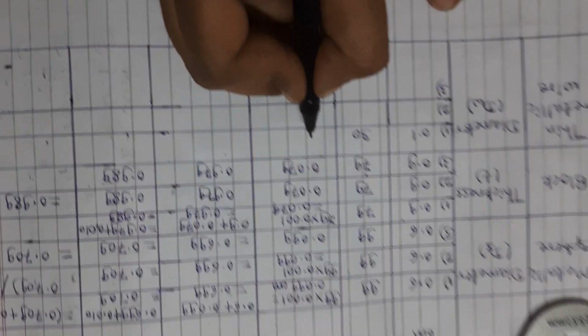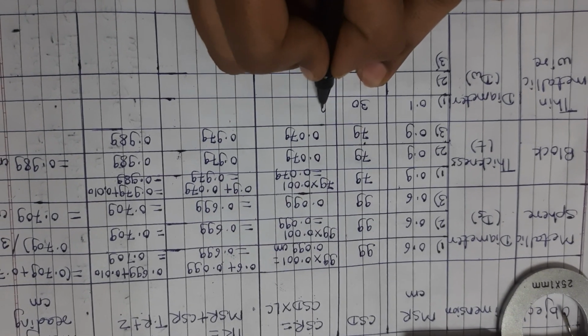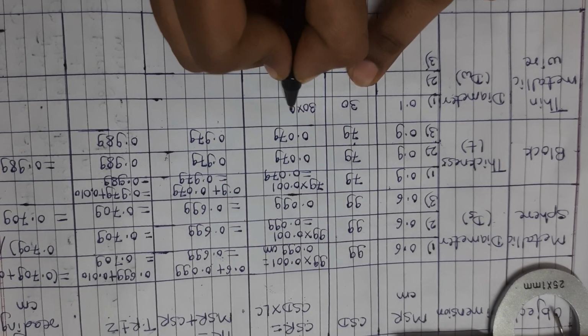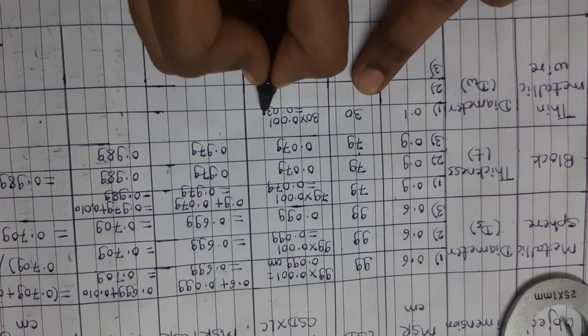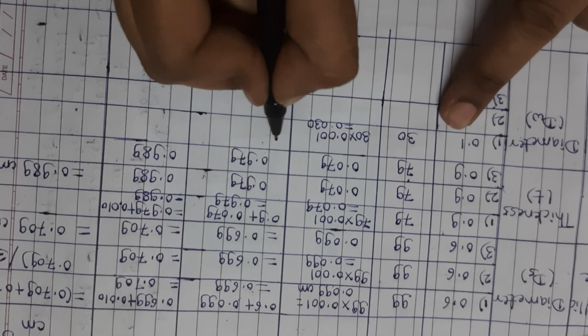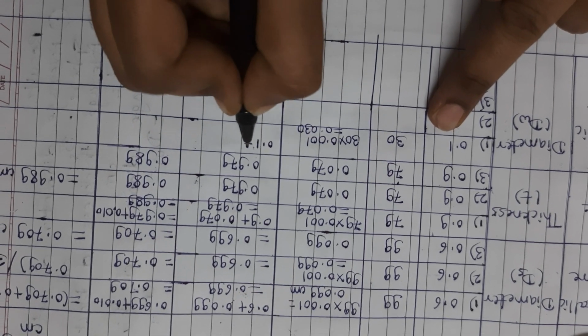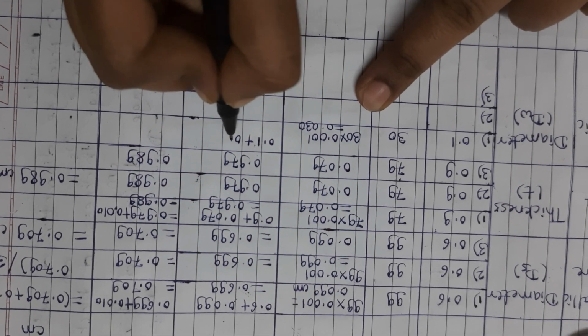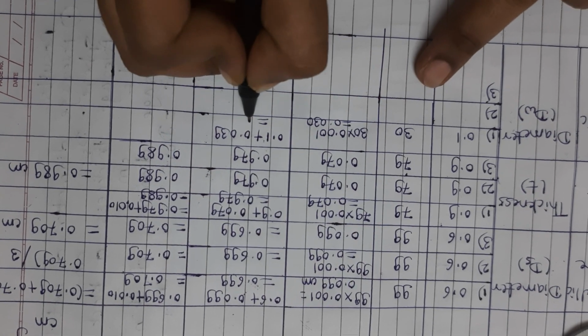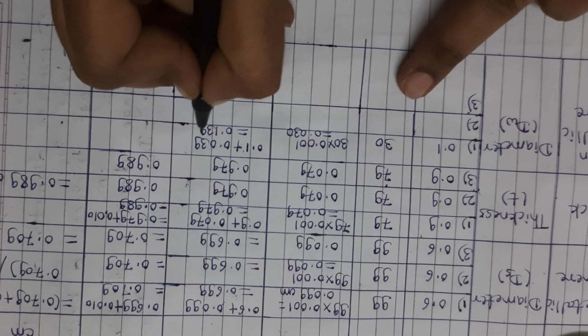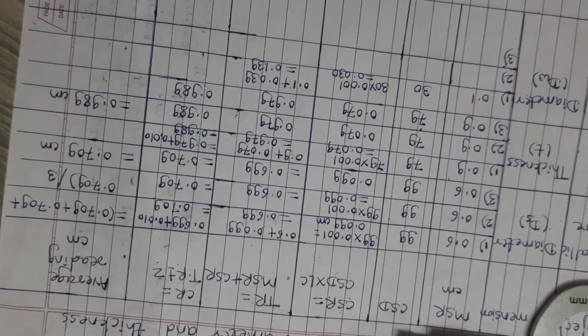Then the calculation: CSD 30 into least count 0.001, we get 0.030. Then the total is main scale reading 0.1 plus circular scale reading 0.030, we get 0.130. This is the total reading.